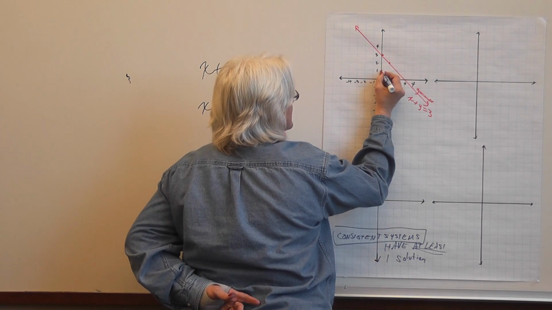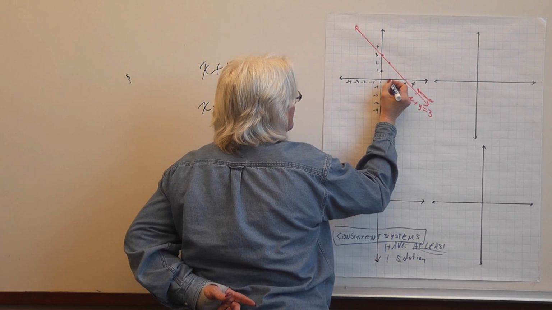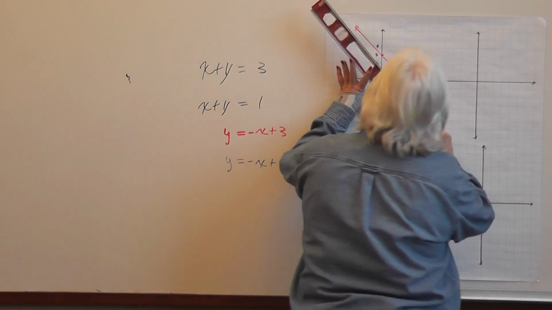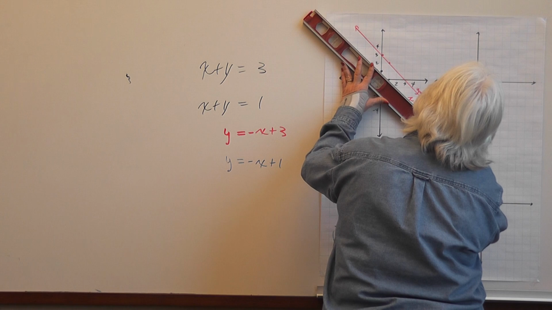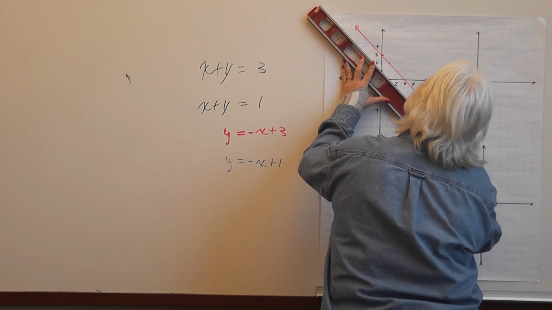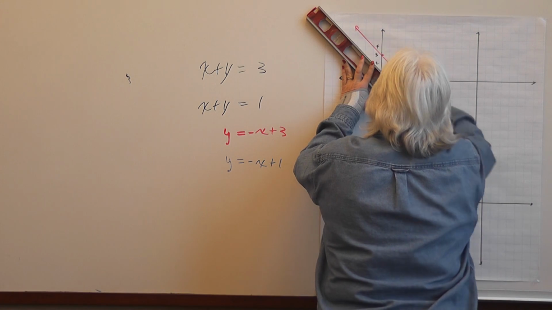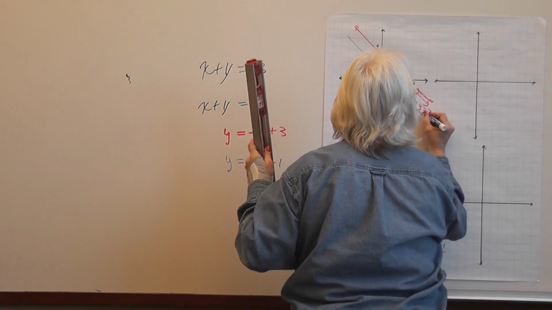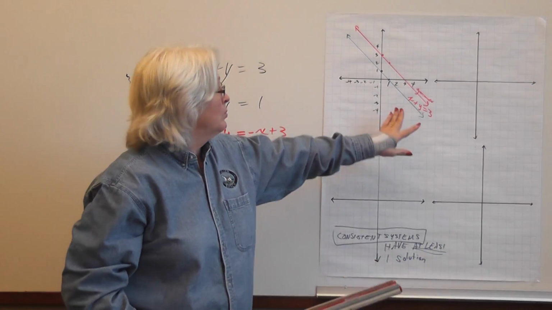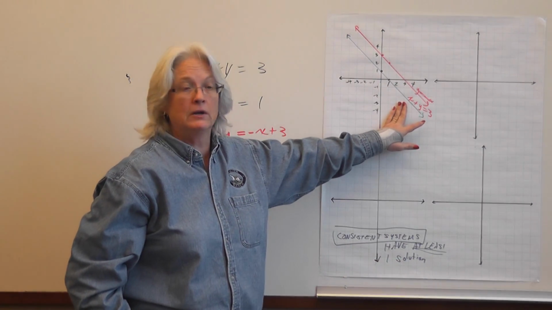Here's my y-intercept, down 1 over 1. Draw a straight line connecting those two points. Sure enough, we have two parallel lines.